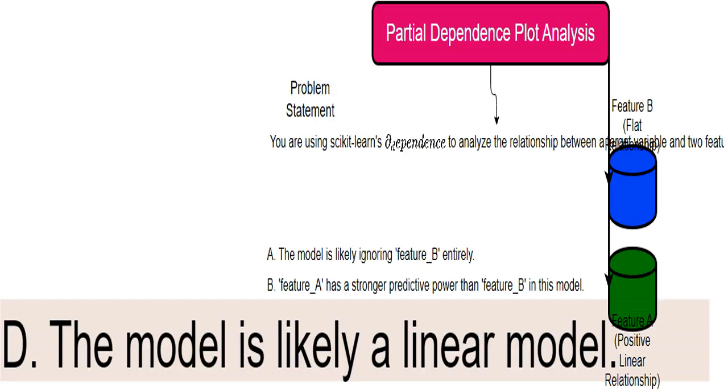Because the PDP for feature A shows a linear relationship, it is plausible that the model itself is linear. But remember, this is not a guaranteed conclusion. Other more complex models can also exhibit linear relationships in their marginal effects. It's a possibility, but I need more evidence to be certain. It's like saying, if the shadow is a straight line, the object might be a stick, but it could also be a straight line object.